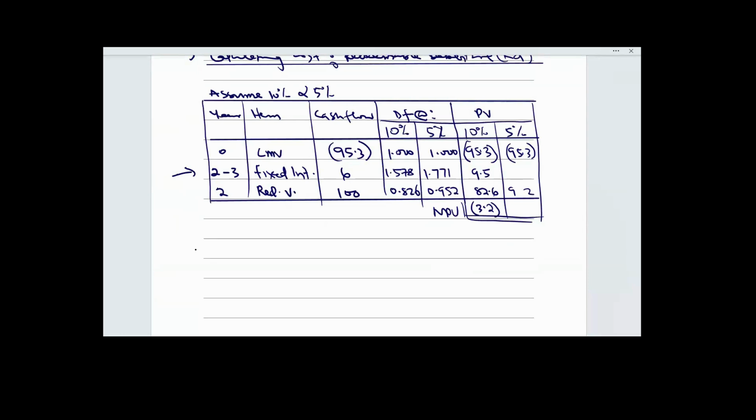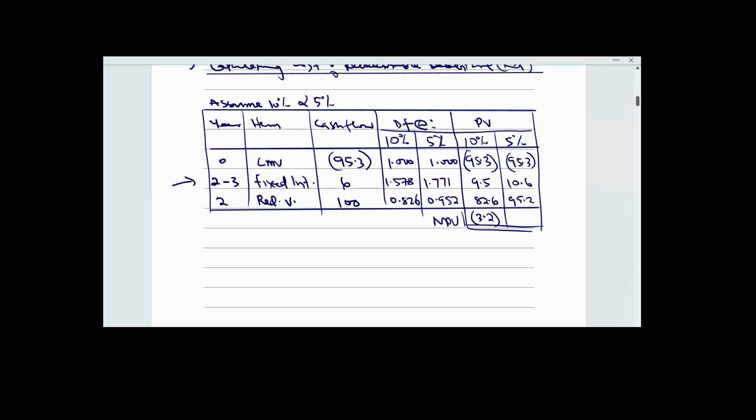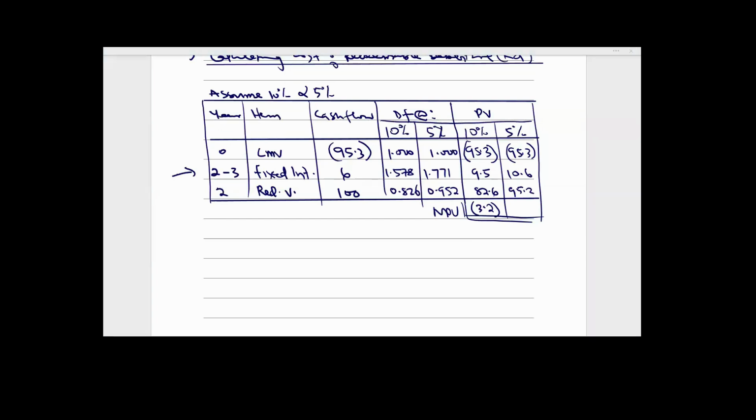Then what's the present value? 6 multiplied by 1.771 is 10.626, so that's 10.6. 10.6 plus 95.2, then minus 95.3, equals net. Oh, what's this? Positive 10.5. Okay.